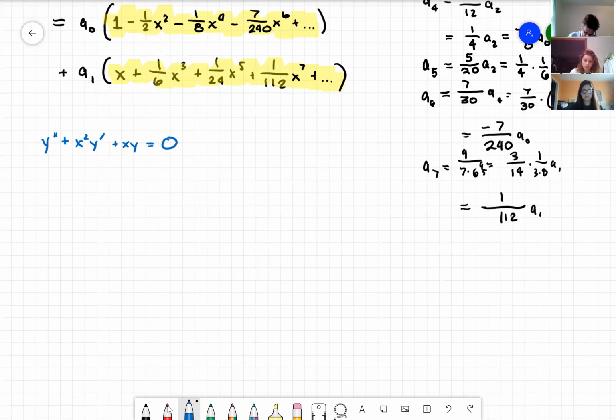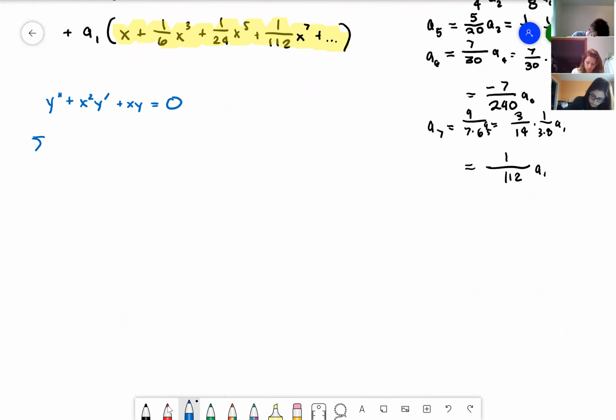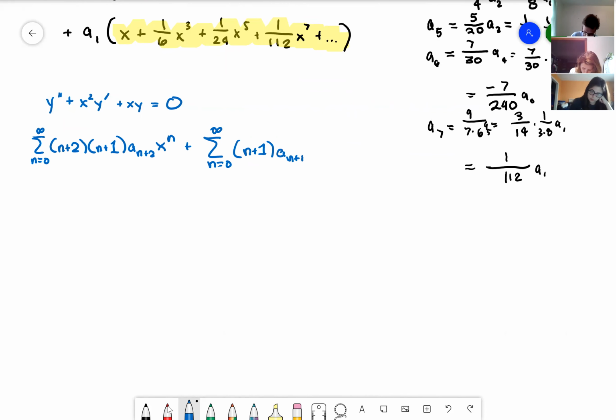So I can just jump straight into that and say this is equal to the sum from n equals 0 to infinity of n plus 2 times n plus 1, a n plus 2, x to the n, plus x squared times the sum from n equals 0 to infinity of n plus 1, a n plus 1. This would be x to the n, but we've got an extra x squared there, so we get x to the n plus 2.